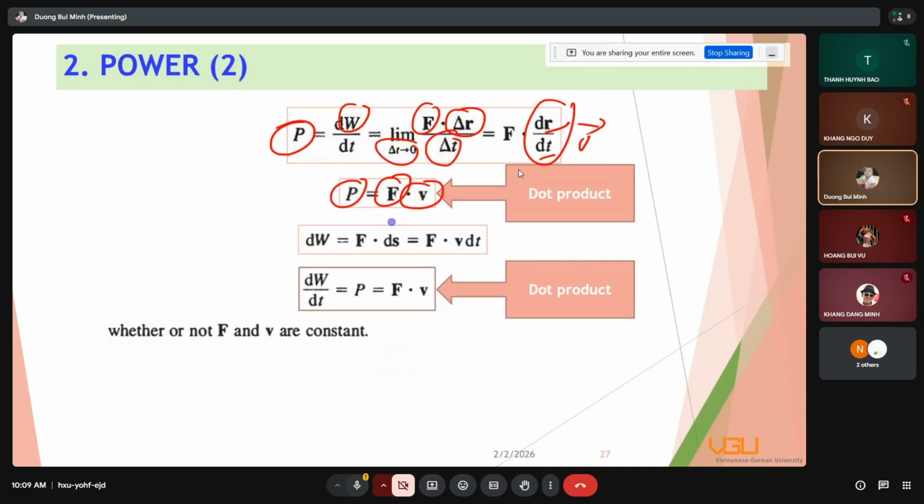You can get power, and of course this one is mechanical power. So for mechanical power, we have P is F times v. This is not a vector, because this is a scalar number.